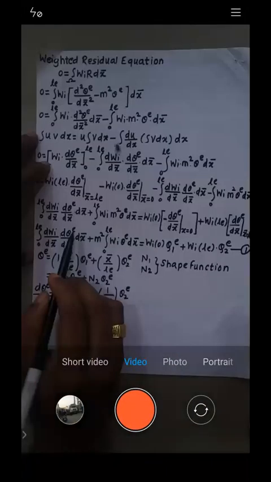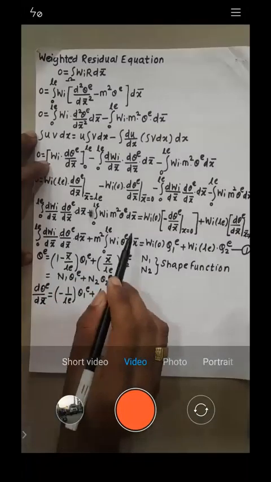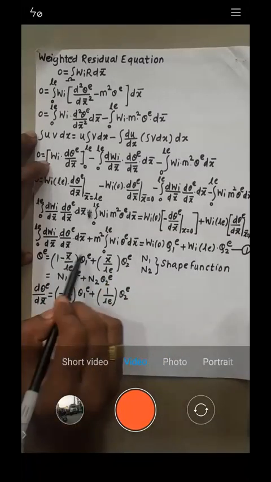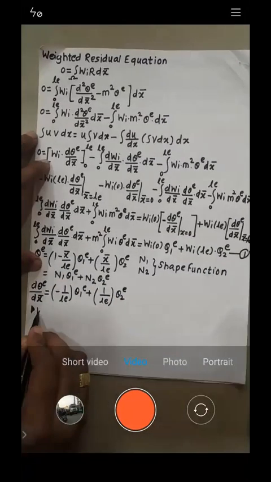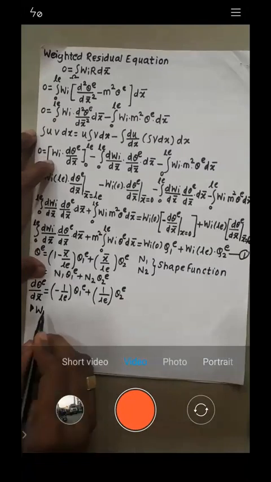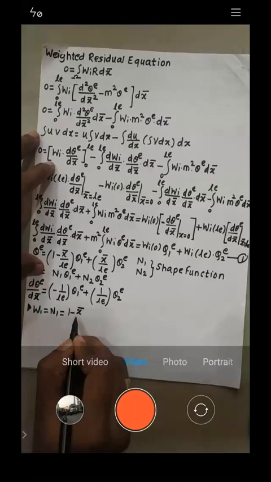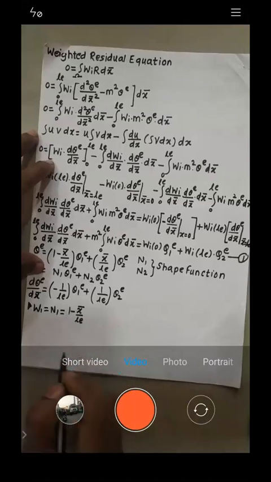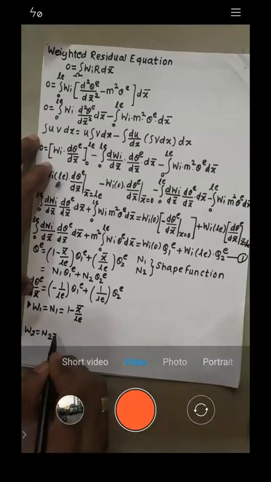See, you required theta, you required the derivative of theta. Similarly, you require weight functions. Weight function we used to call W1. Weight functions are equal to shape functions, and W1 is 1 minus x bar by LE. Similarly, second weight function W2 is equal to N2, and it is x bar by LE.